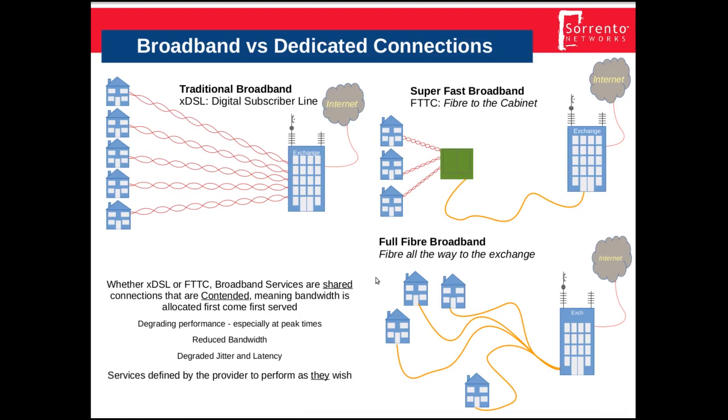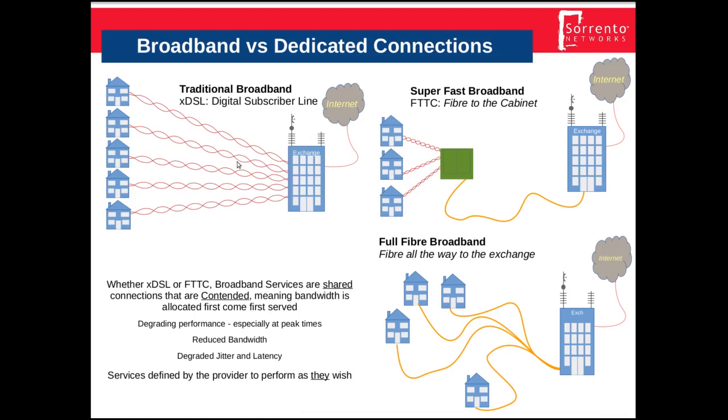Now, in the early days when we talked about normal copper broadband, those connections are all multiply going from the home or office to the telephone exchange, and obviously there's a lot of connections going at the same time. There were also problems in the copper going further than just the pure distance, but also concerning the fact that they were all occupying the same physical cable in the street, and therefore were able to interfere with each other.